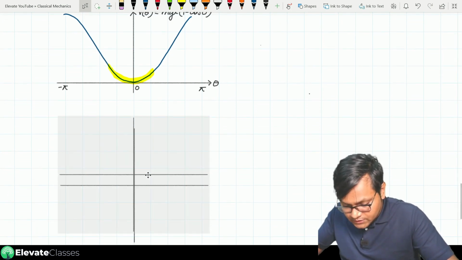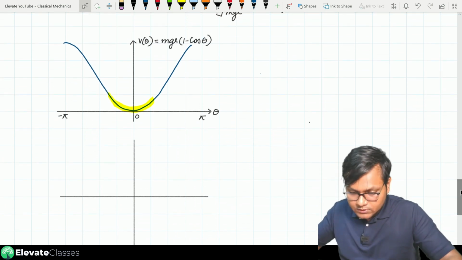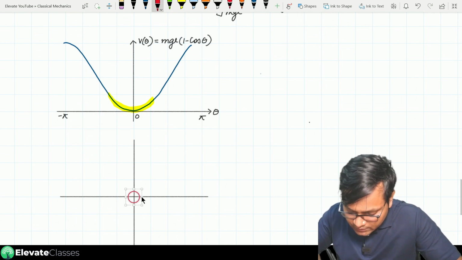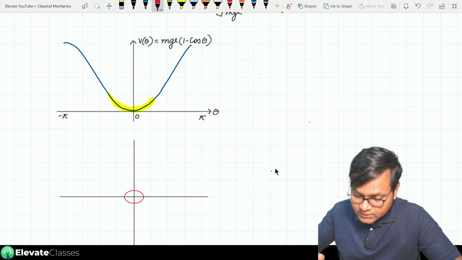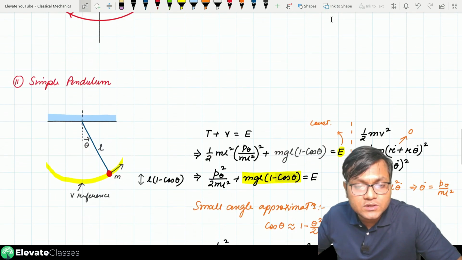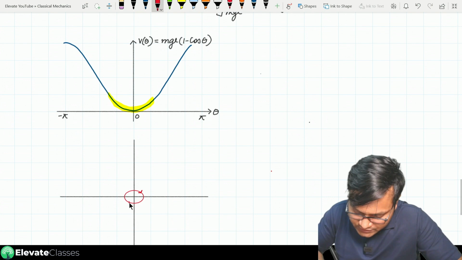Let me first draw the diagram properly, okay. तो here we will get an ellipse. आपको याद होगा what is the direction of the ellipses? Clockwise. Last time spring mass system में जो आया था clockwise direction, यहाँ पे भी same ही रहेगा. So you'll have this kind of a clockwise direction.